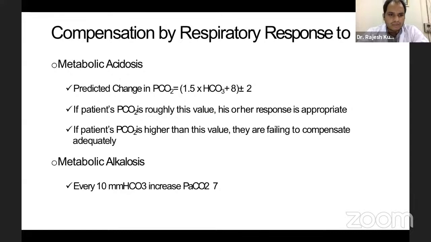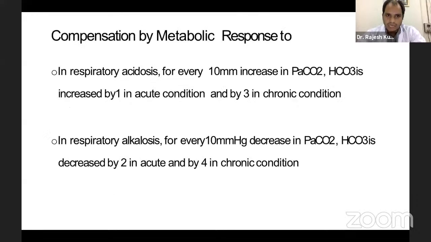In case of metabolic alkalosis, every 10 mm increase in bicarb will increase PCO2 by 7. Now coming to compensation by metabolic response, which means the primary pathology is respiratory. In respiratory acidosis, for every 10 mm increase in PCO2, your bicarb will increase by 1 in the acute condition, and in the chronic condition, it will increase by 3.